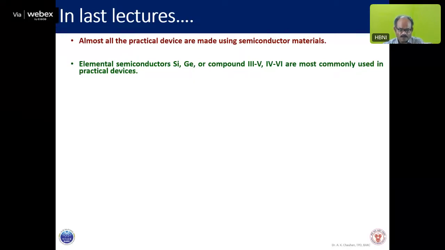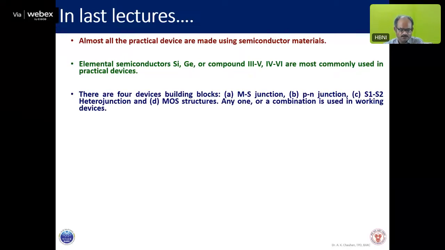Then elemental semiconductors are silicon and germanium, and among compound semiconductors, 3/5 and 4/6 elements are most commonly used in these practical devices.